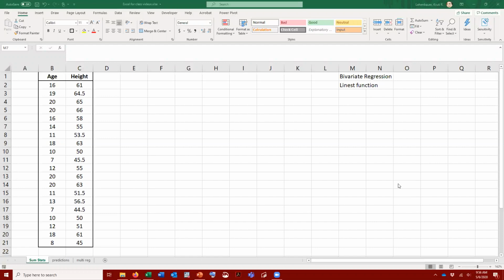If you answered that height depends on age, you are correct, which means that our height is our dependent variable, and traditionally we represent that with a y. That means that age is our independent variable and we will be representing it right now with an X.